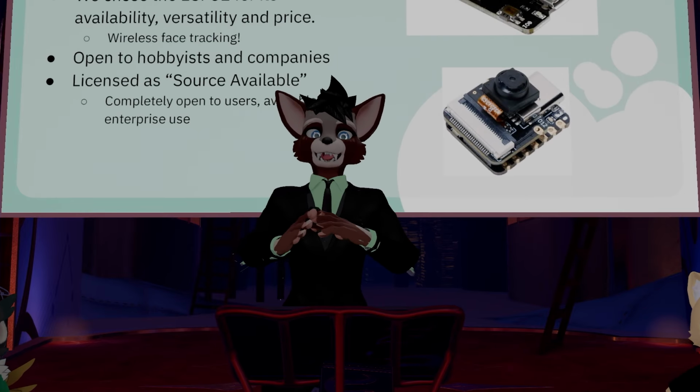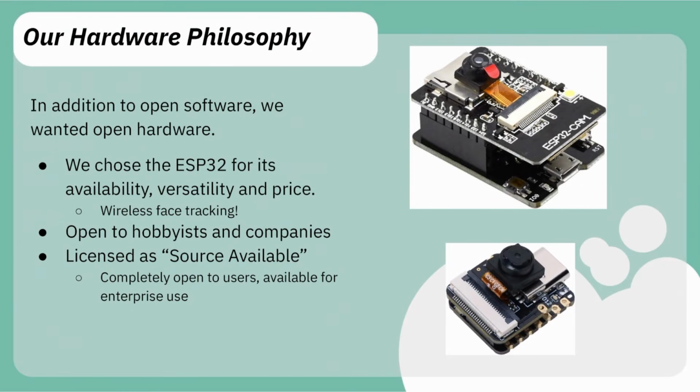Our hardware philosophy is totally open. We want there to be open hardware. We want there to be weird hardware. We want there to be fun hardware. We want there to be hardware in weird and fun different ways. So we chose the ESP32 based on its availability, pricing, its accessibility, its easy pipeline to actually work on and make firmware for. It was super duper easy.